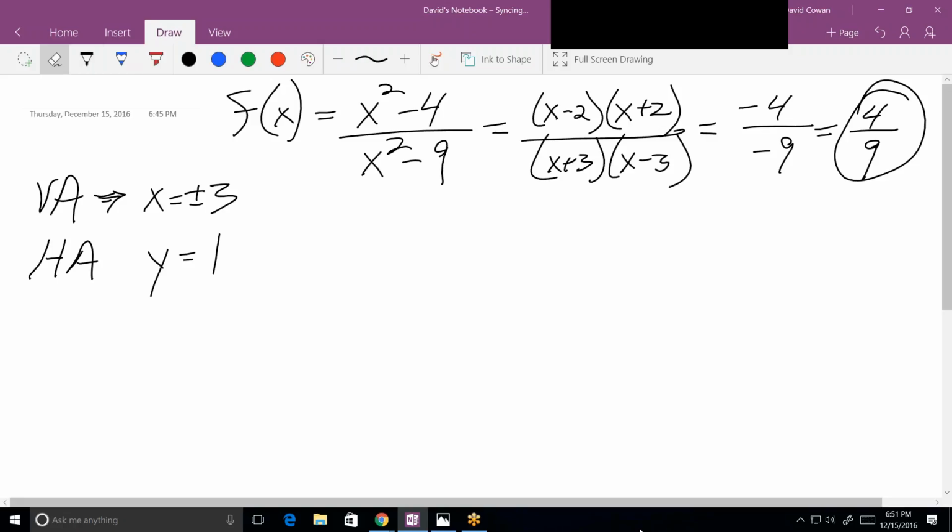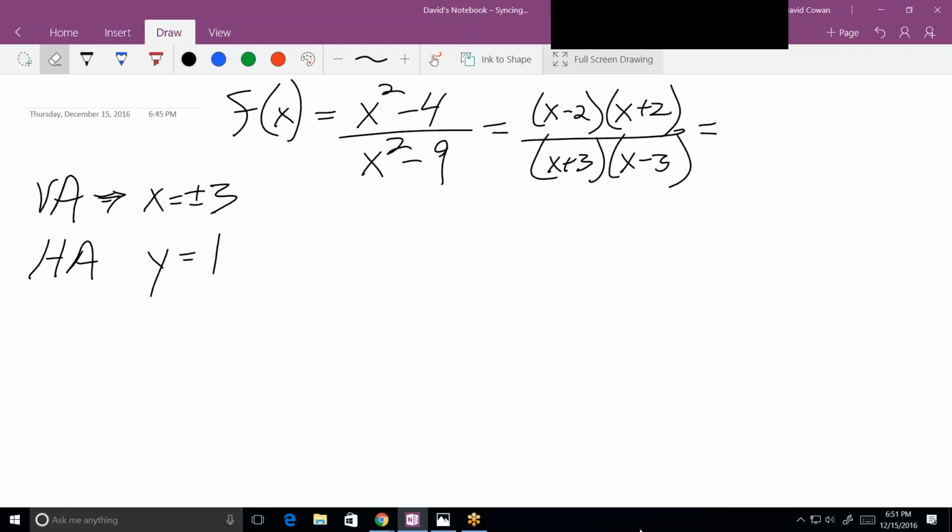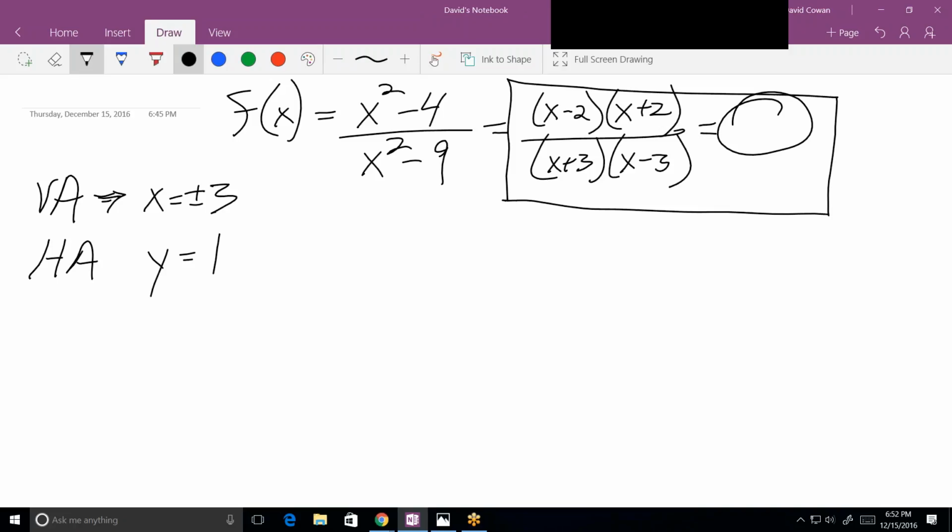So if I go back and set this whole thing equal to 0 and solve it. Solve that right there. Now, if I have a rational quotient equal 0, what has to be true of its numerator?